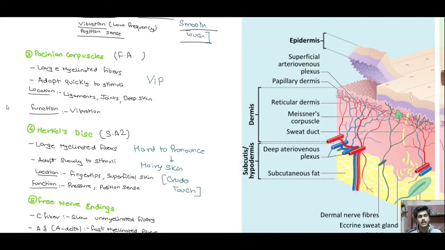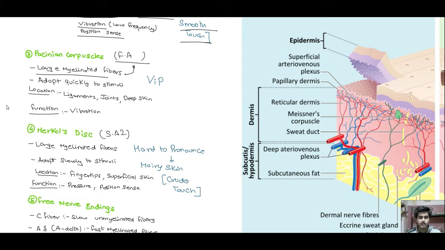And next we have the Pacinian corpuscle. The Pacinian corpuscle is also a type of fast-acting receptor, so it is also highly myelinated. You must have noticed one thing, that in case of the Meissner's as well as the Pacinian corpuscles, we have the large myelinated fibers. And these large myelinated fibers are the reason for which they are the fast-acting receptors.